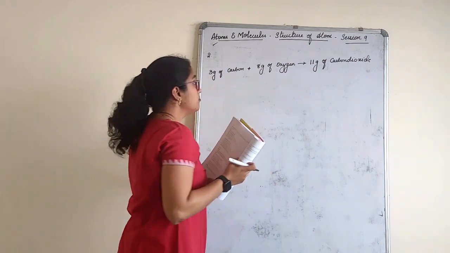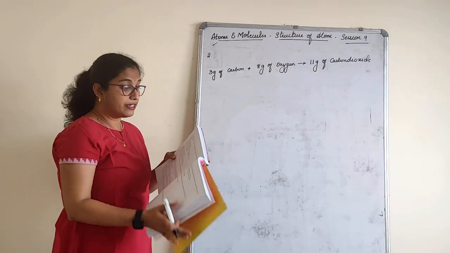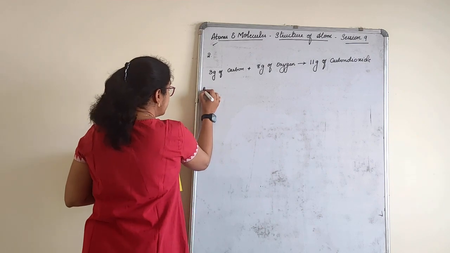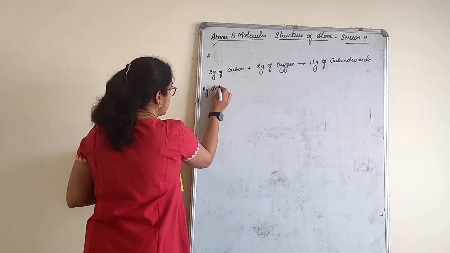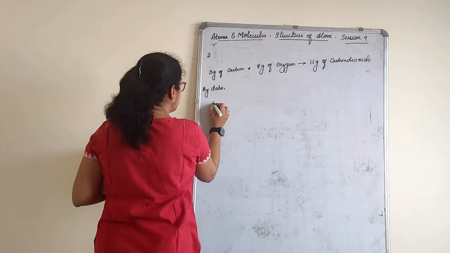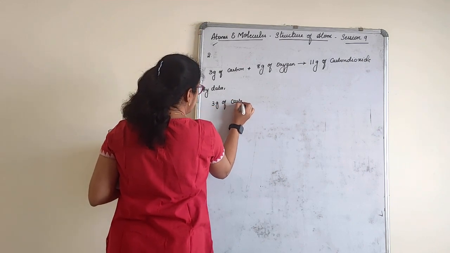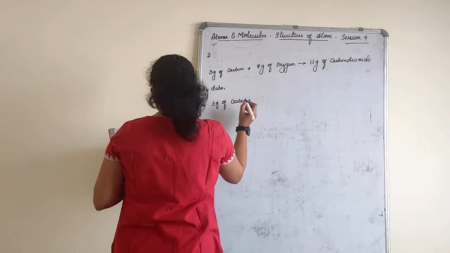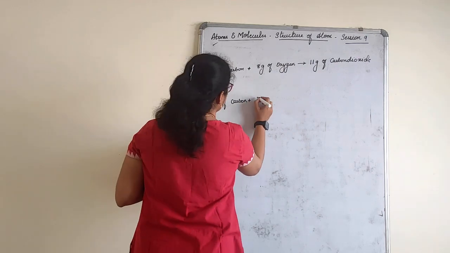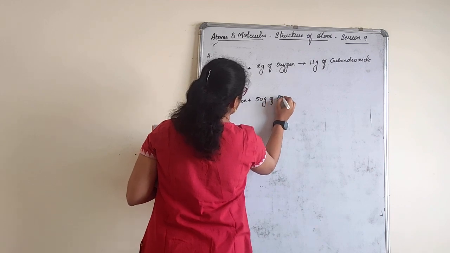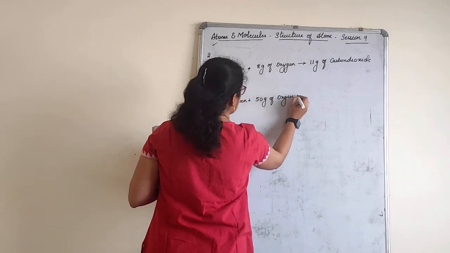This is what they have given. Now what is the next part of the question? By the given data, 3 grams of carbon combines with 50 gram of oxygen. Right?